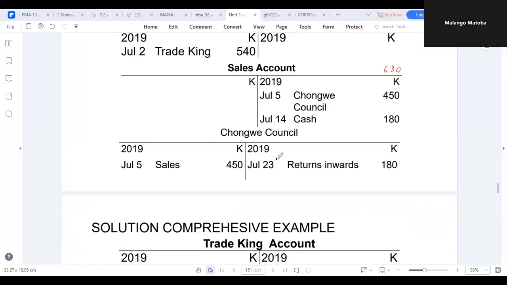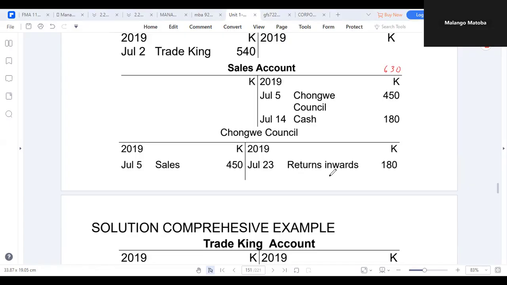We have 450 here and 180 here. So you give the side that has the lesser amount, because both sides must be the same. What's the difference between 450 and 180? 450 minus 180, 270.